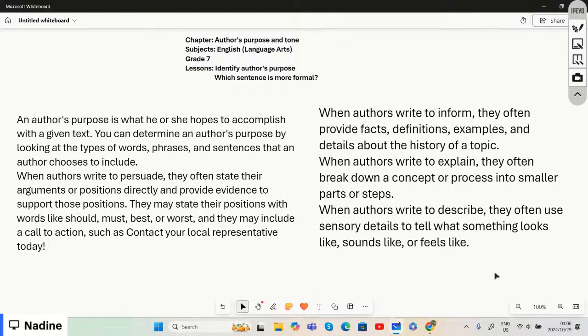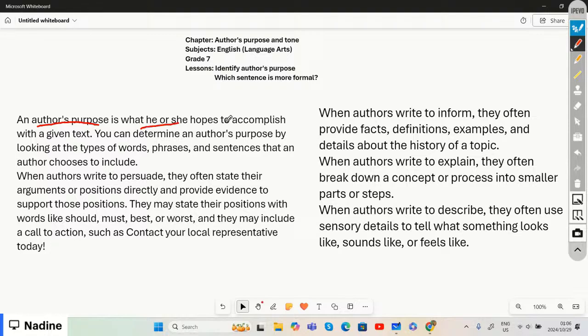So once again, we said that an author's purpose is what he or she hopes to accomplish within a given text.